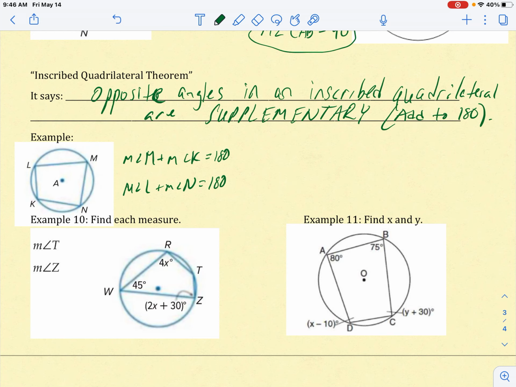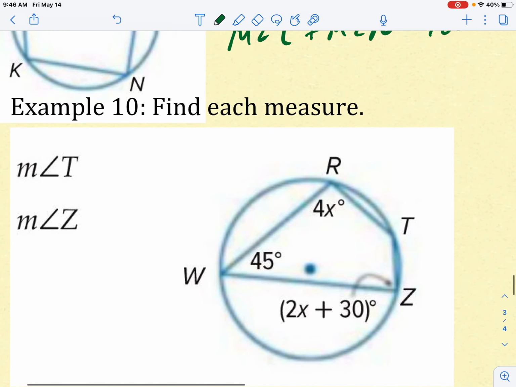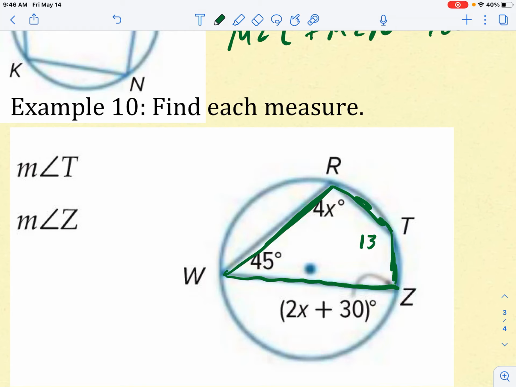And so if I'm looking at example 10, I want to find the measure of angle T. Well, notice this is an inscribed quadrilateral. There's 4 sides, and each vertex is touching the circle. So W and T would be supplementary. So that means that T would have to be 135, because 180 minus 45 is 135.